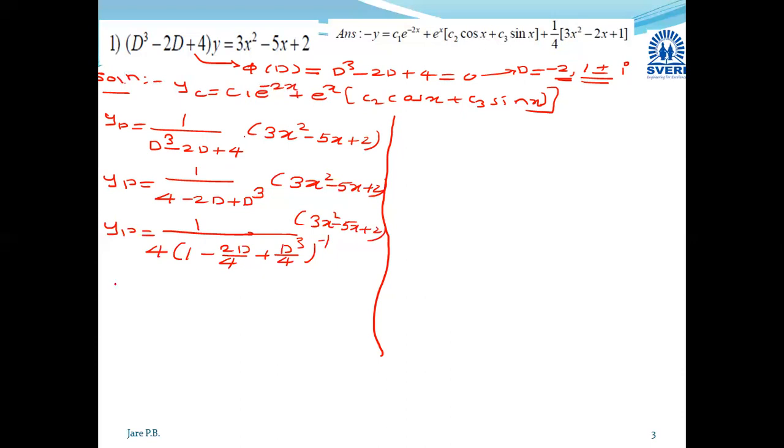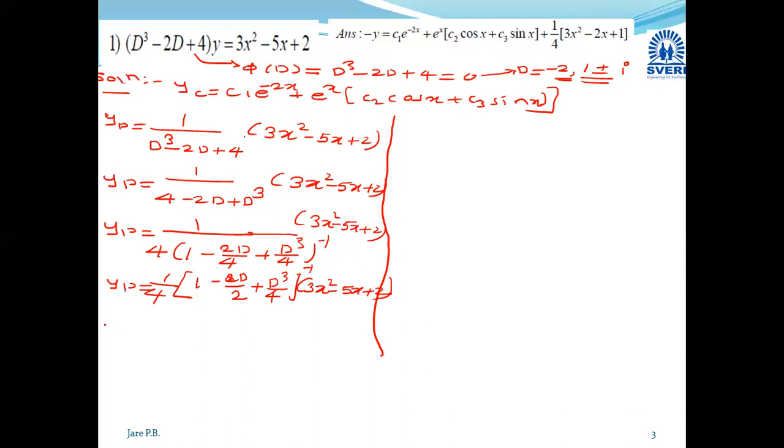So we got yp equal to 1 by 4. Or better, we can simplify: 2 by 4 is 1 by 2, so (1 minus D by 2 plus D cube by 4) whole raised to minus 1 into 3x square minus 5x plus 2.